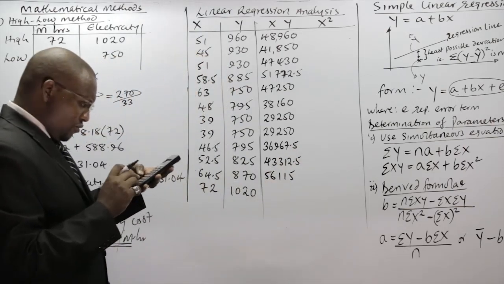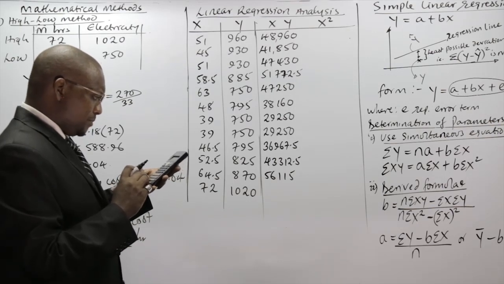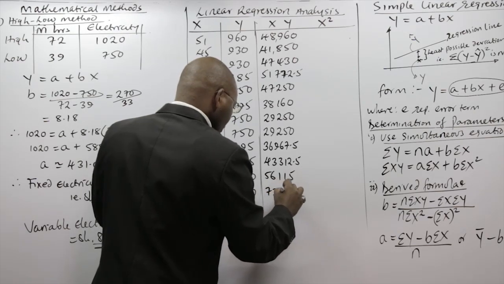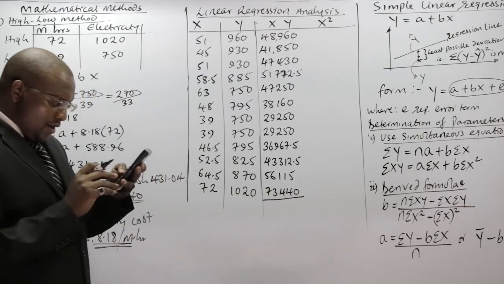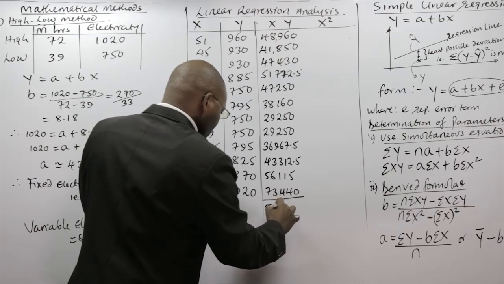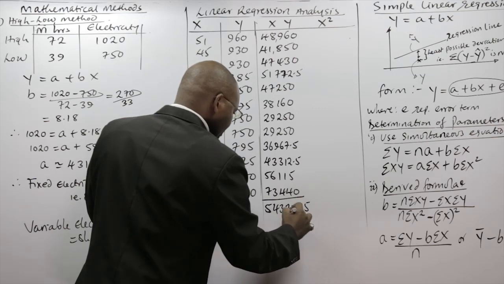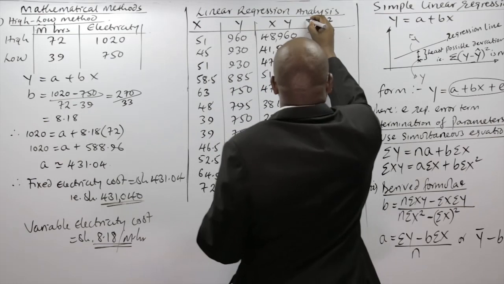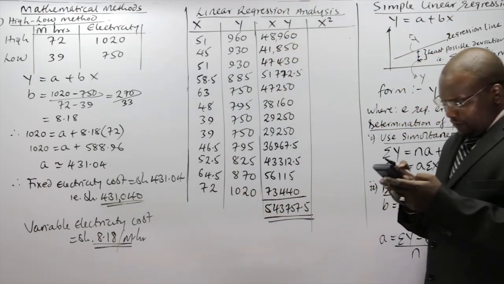And lastly, 72 times 1020 will give 73,440. So when you add, I just recall my memory, and it is 543,757.5. That is it.